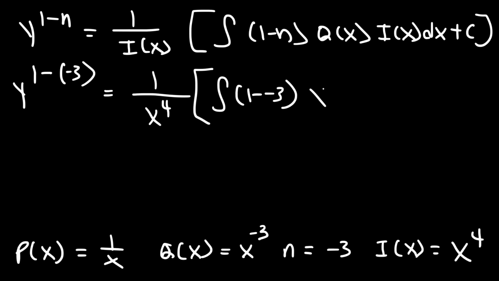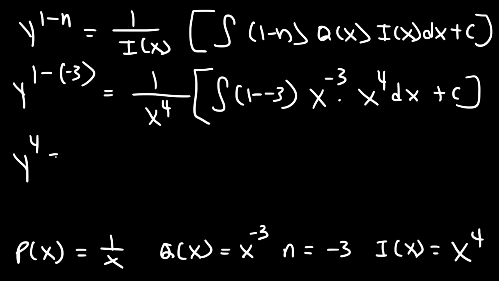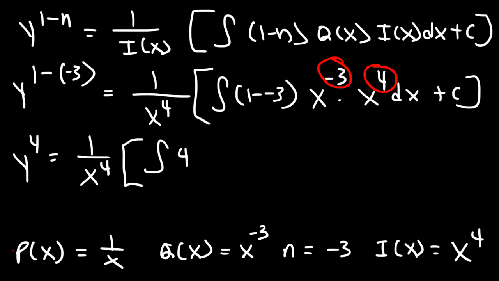Q of x is x to the negative 3 times I of x, and so forth. So 1 minus negative 3, we know it's 4. And so this is going to be 4 as well. Now x to the negative 3 times x to the 4. If we add the exponents, negative 3 plus 4 is positive 1. So this becomes just 4x.